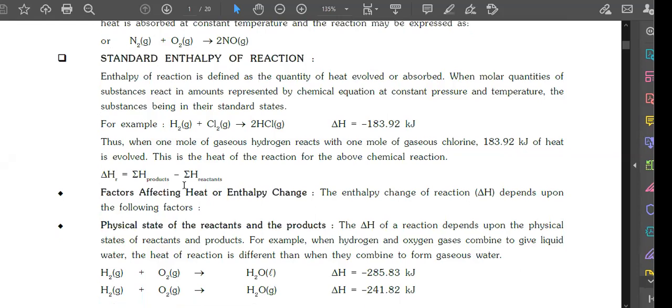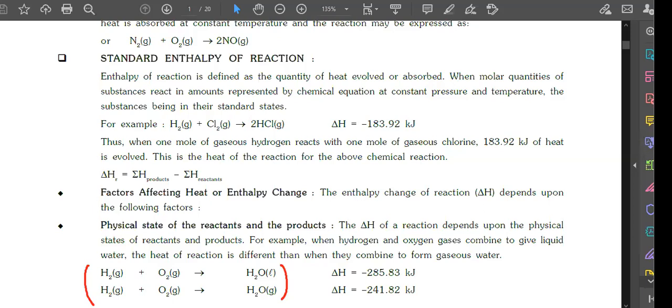Got it? For example, see this example. In this case, H2 and O2 are combining to form H2O, right? But are these reactions the same? We have discussed this. Is this reaction the same? No, right? Yes, very good.